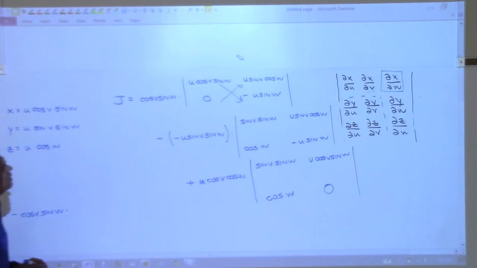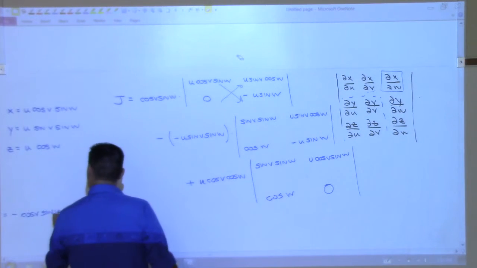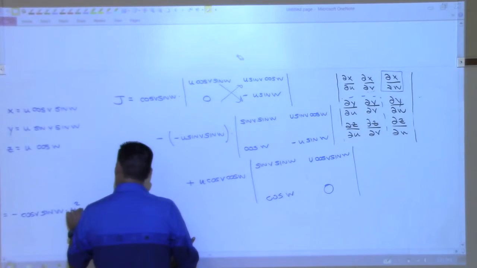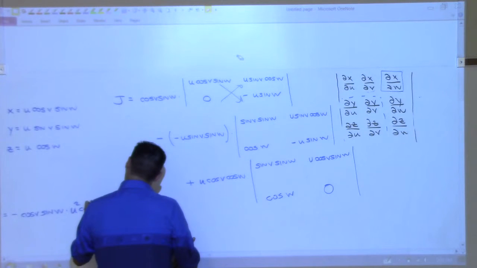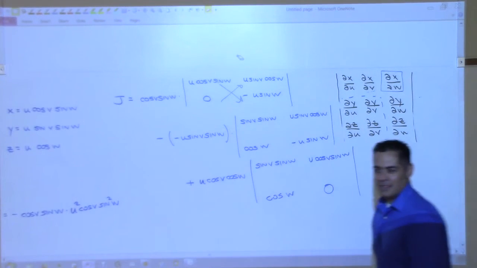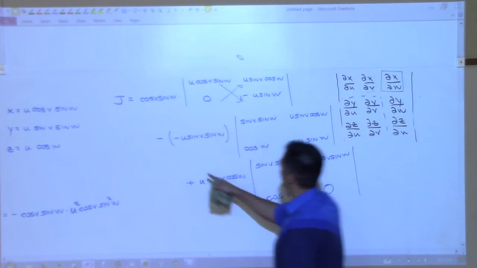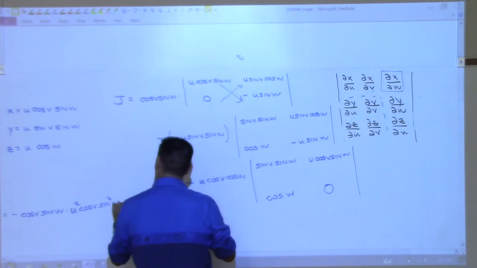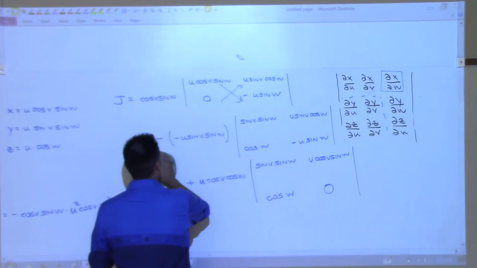Negative U squared cosine v sine squared w, right? That's our first one. Okay, minus, check this out. This is minus minus, which is going to be plus. Plus, I can't erase that.